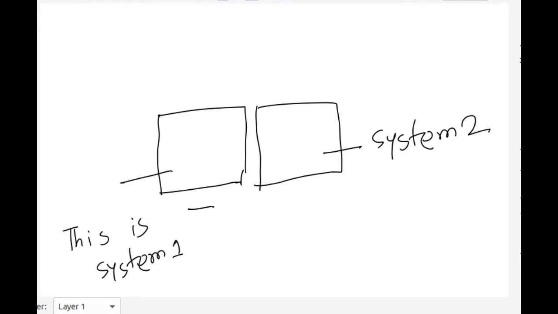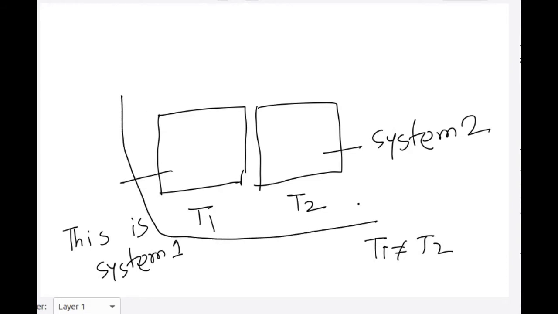Temperature of system 1 is T1 and temperature of system 2 is T2. We say T1 not equals to T2, and both the objects are kept in a thermally insulated container, that is, no energy can enter or leave this container.